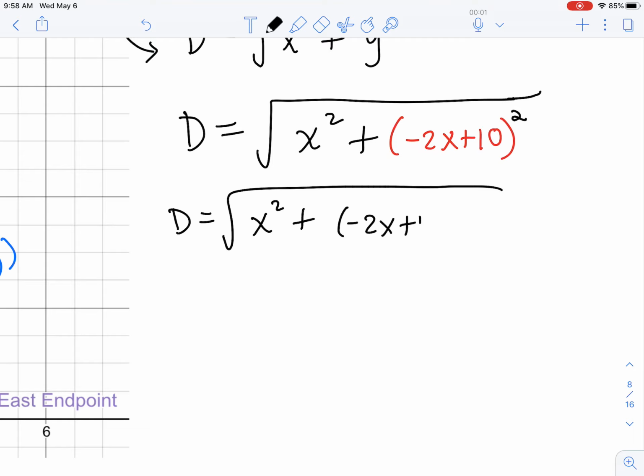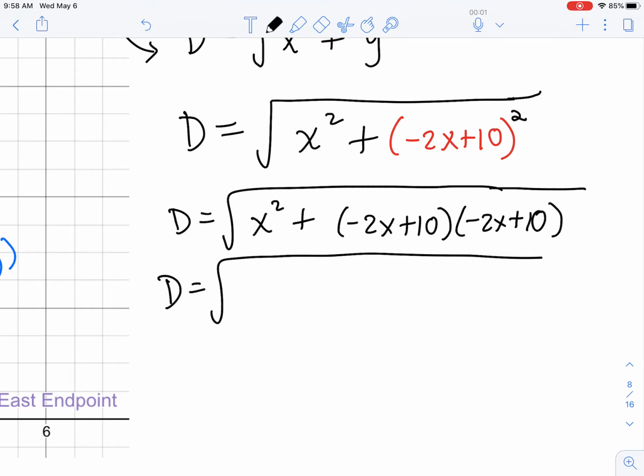X squared plus, I'm going to FOIL this, but I'm going to write it out twice so that I can actually FOIL this correctly inside. D equals square root of x squared, and this is just algebra now. If I multiply out these two, I will get 4x squared, right?